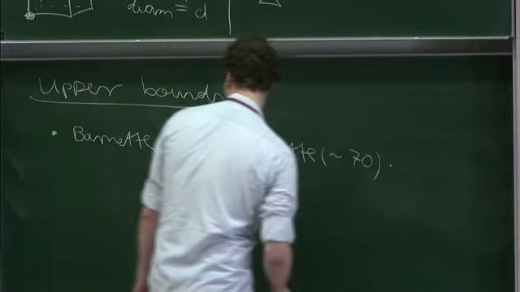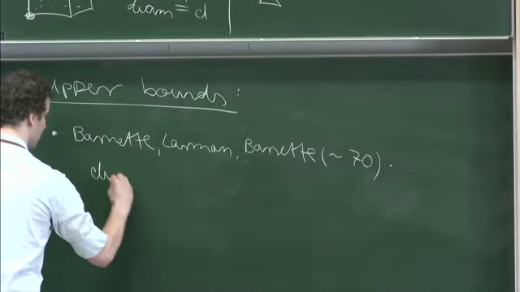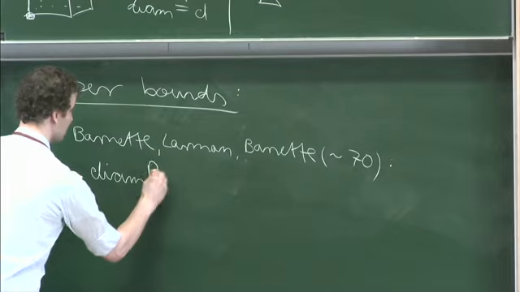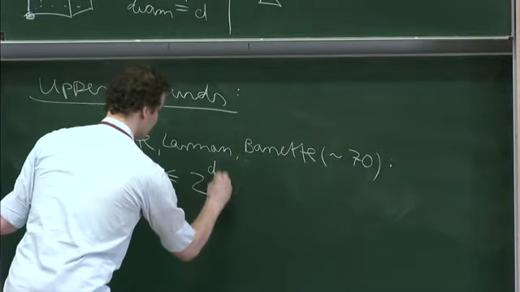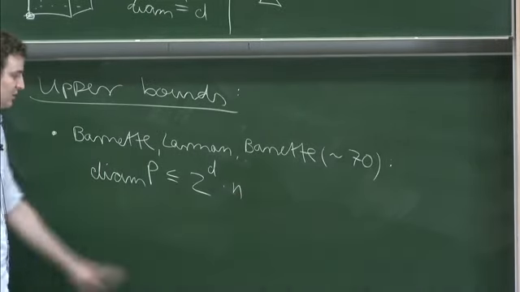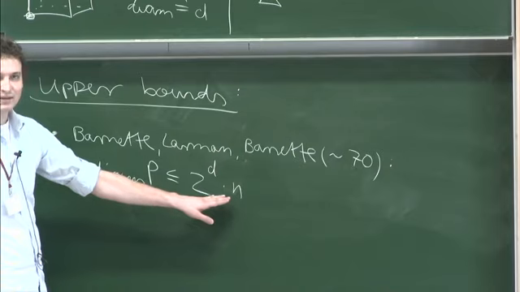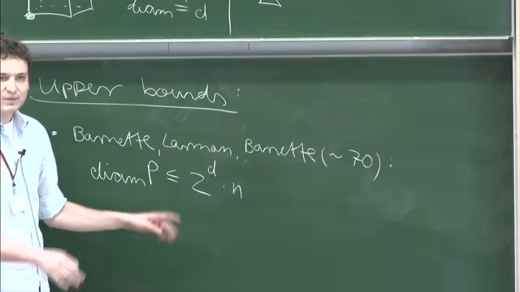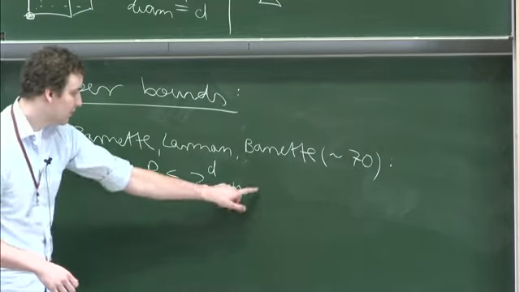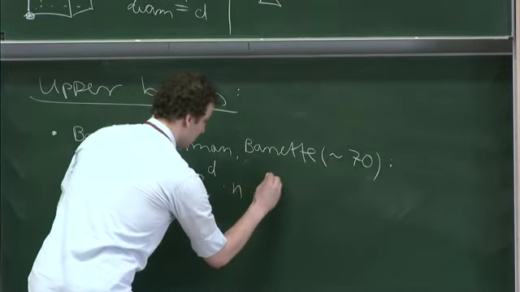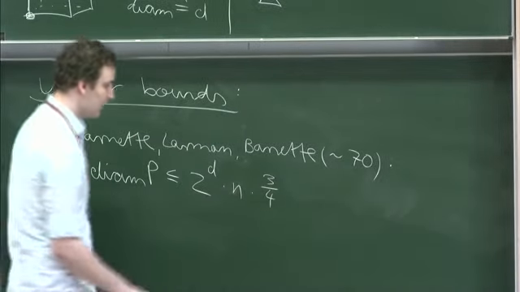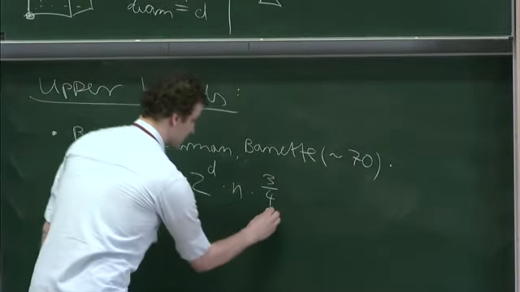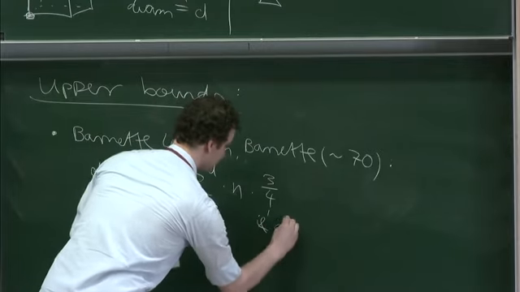And they say that the diameter is always at most something like 2 to the d times n. Actually, this is proved by induction, and depending on where you start the induction, you can fill in here a constant like 3 over 4 or so. But this constant doesn't really matter. And so this constant holds if the dimension is at least 3.